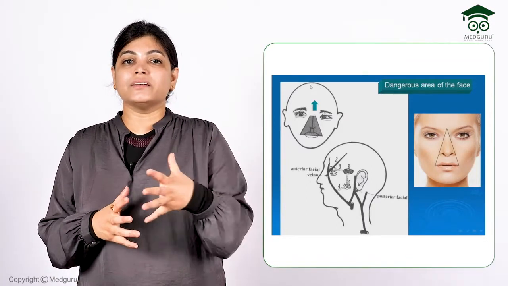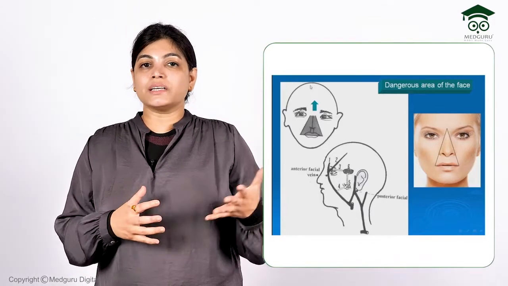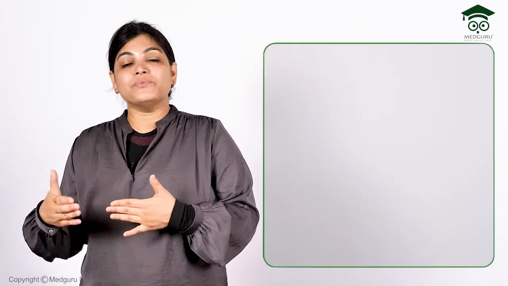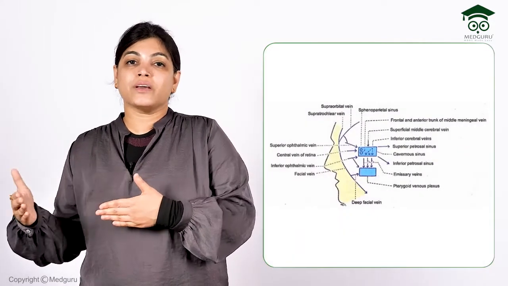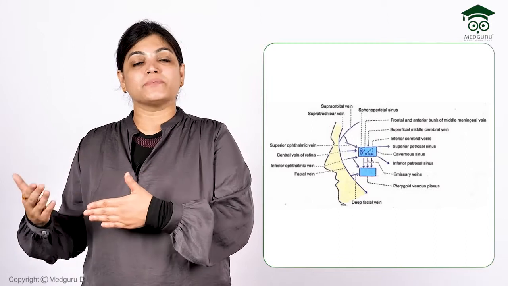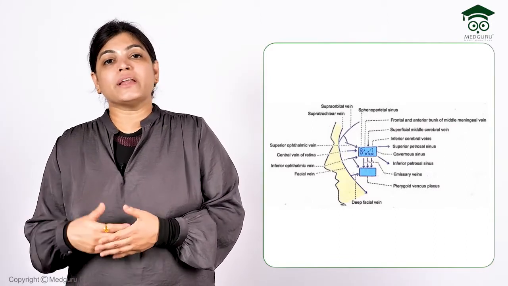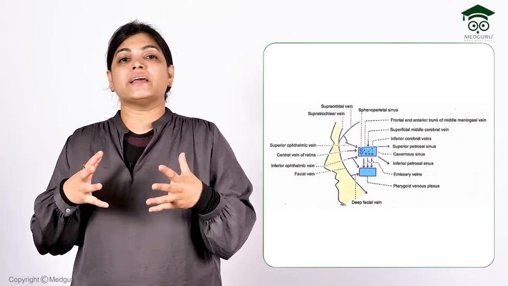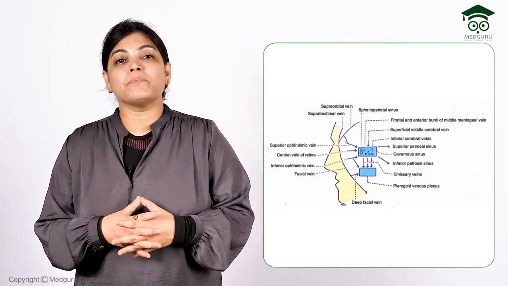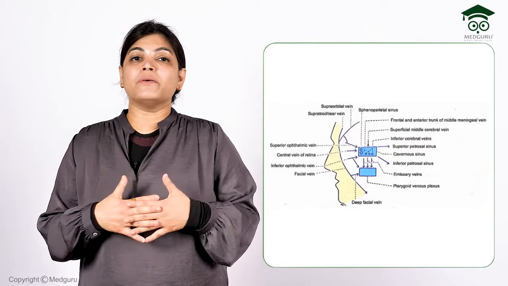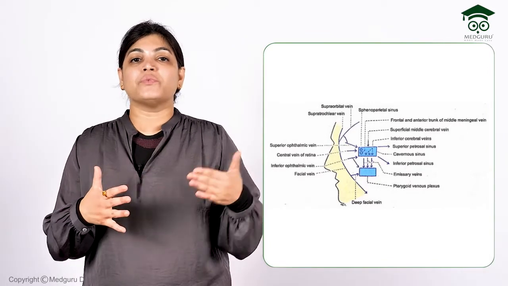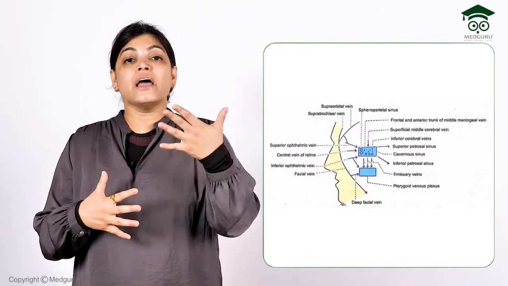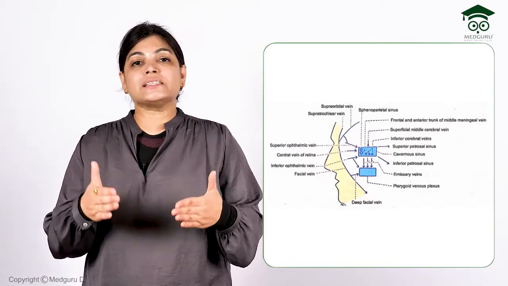As I have already discussed, through the facial vein it can drain into the deep vein, through the deep vein into the pterygoid venous plexus, through the pterygoid venous plexus to the emissary vein, and through the emissary vein it communicates into the cavernous sinus. So if the area above the upper lip and below the nose is infected, the facial vein can communicate at times with the cavernous sinus, and the condition is very grave, called cavernous sinus thrombosis.